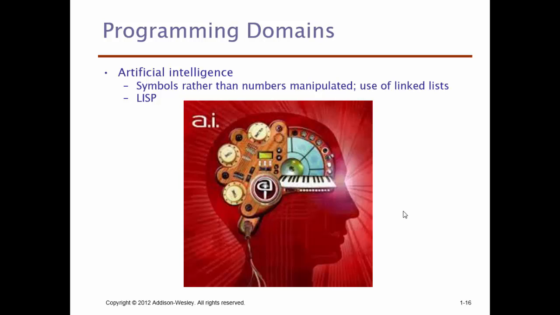A subsequent language called Prolog was used to support this area of programming called logic programming. More recently, though, some applications have been written in systems languages like C. Now we'll take a very close look at Prolog and Lisp later in the course.